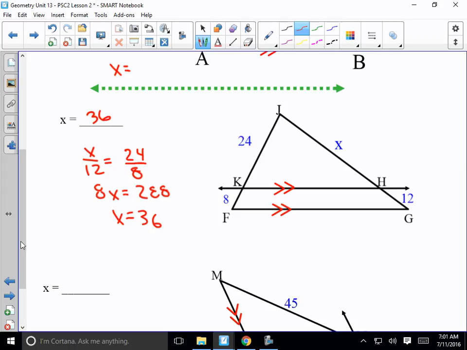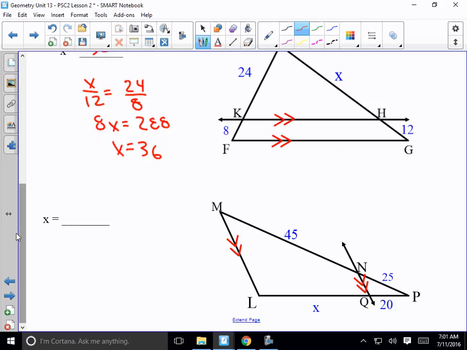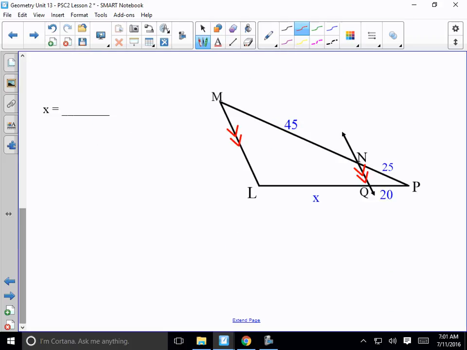Okay, once again, looking at the shape, making sure that it makes sense. From 8 to 24, we can see it's a multiplier of 3. So from 12 to x, a multiplier of 3 gives us 36. Okay, so we have that correct value.